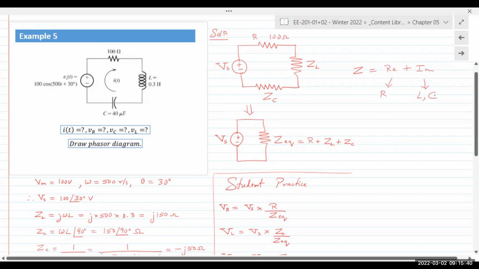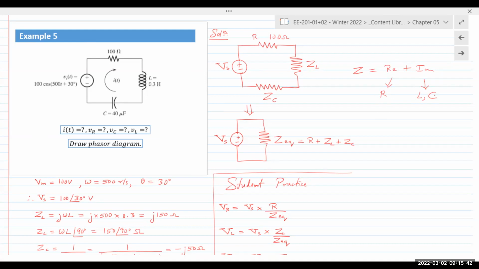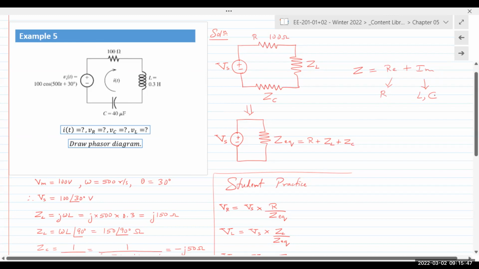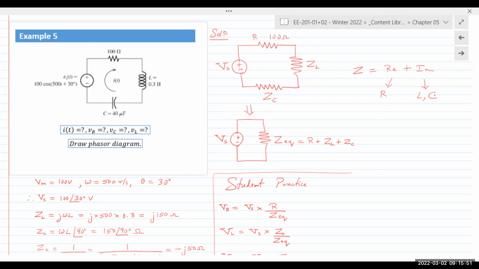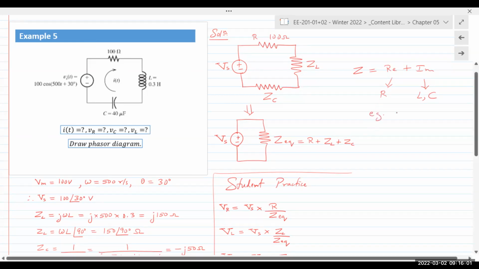Okay, so if you're given a number, let's say 25 minus J50, 25 represents the real portion of the impedance, which is the resistance, and J50 represents the reactance. So for example, if Z is 25 minus J50, the 25 represents resistance, and the 50 represents reactance X.